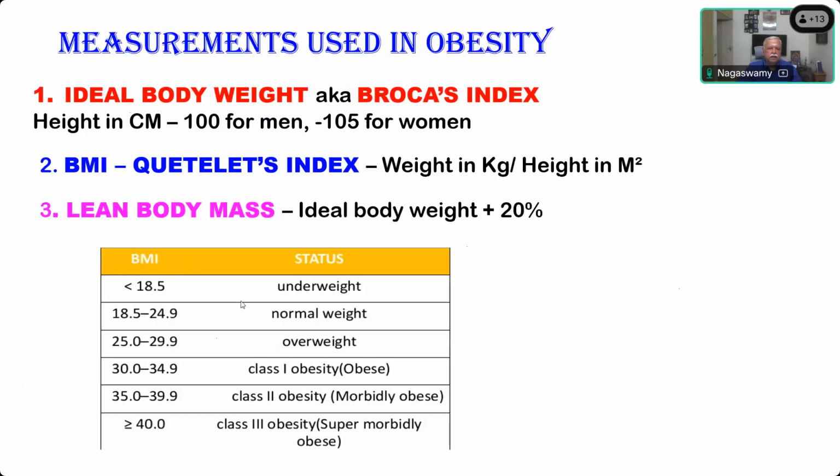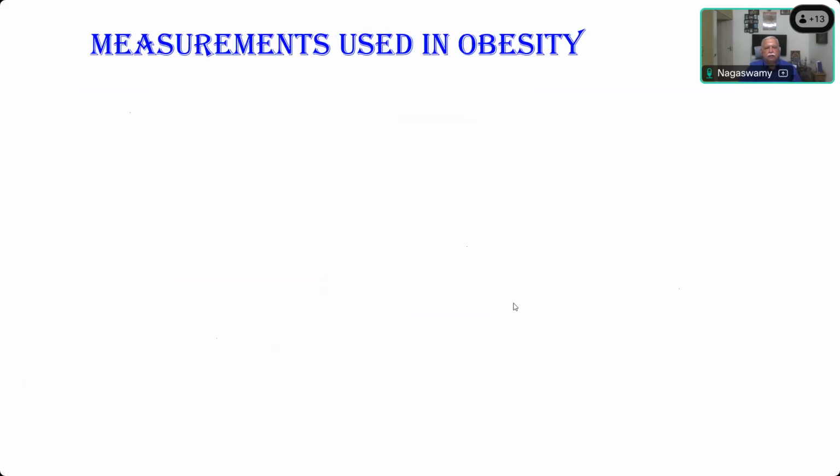And this is the classification, how you classify obesity. Our patient belongs to class 2 because the BMI is 38. 35 to 39.9, it is class 2, which is morbidly obese. So always remember to put the class of the obesity in your exam papers.